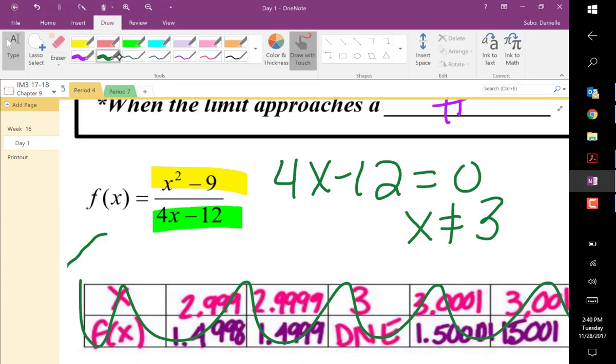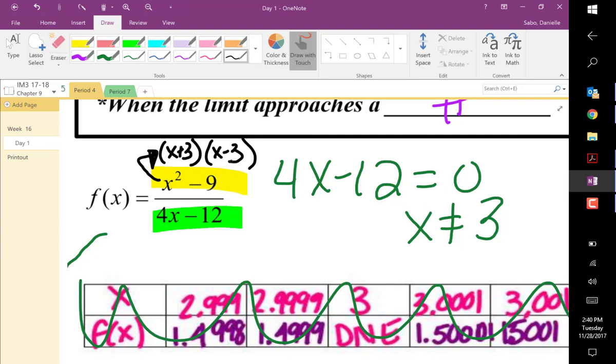Like the bell ringer. X plus 3, x minus 3. Good. So that's why I said factoring with difference of two squares is one of the biggest things. I factored that, and that's what happened.